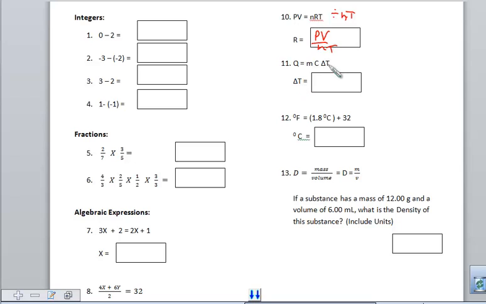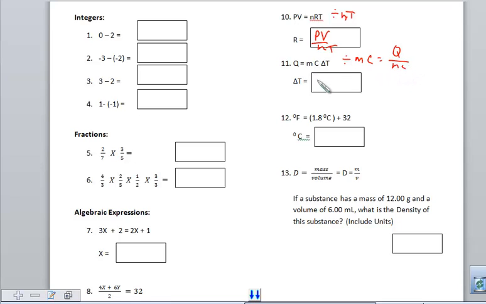Okay? Here we're solving for delta T. The delta means change in temperature. So here I would divide both sides by the mass and the specific heat, and that would give me Q over mc.